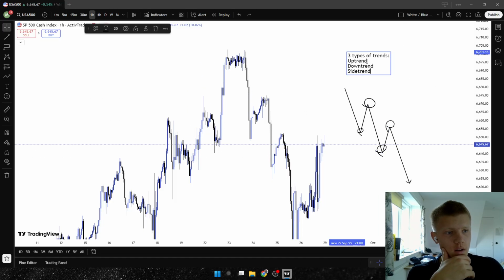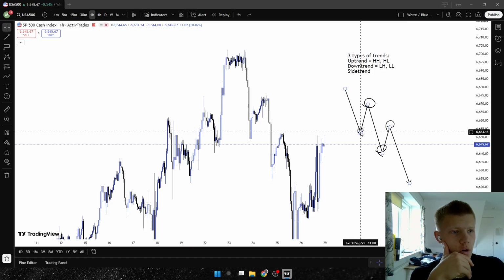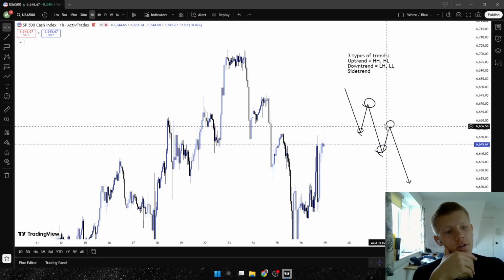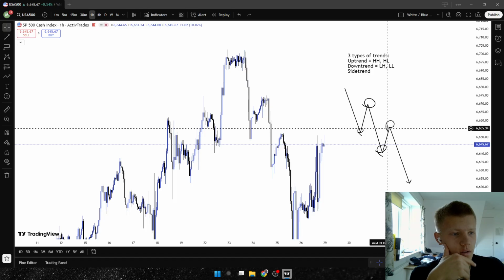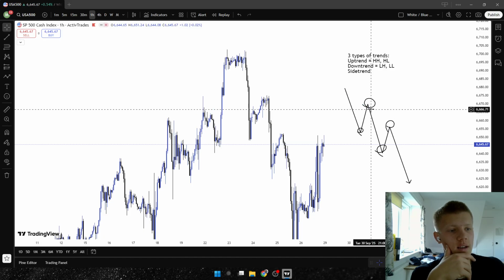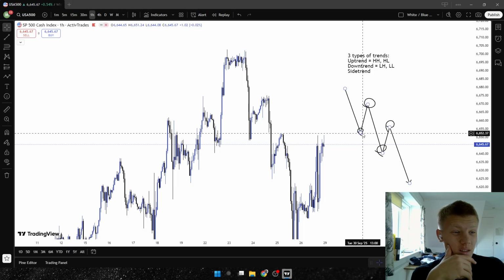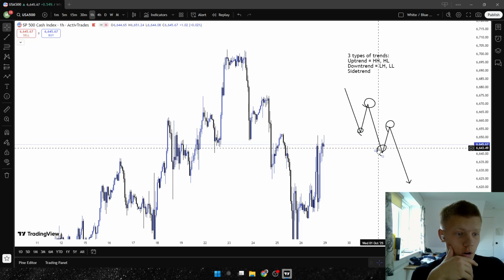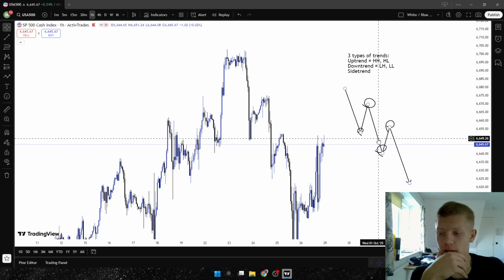So an uptrend is higher highs and higher lows, and a downtrend is built off of lower lows and lower highs, because the most recent high is lower than the previous high, which means it is a lower high, and the most recent printed low is lower than the previous low, which means it's a lower low. That's basically it.